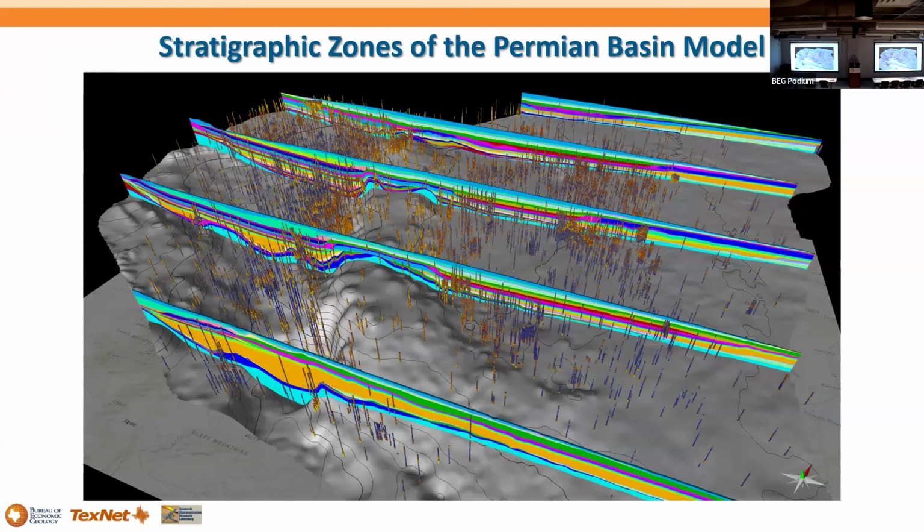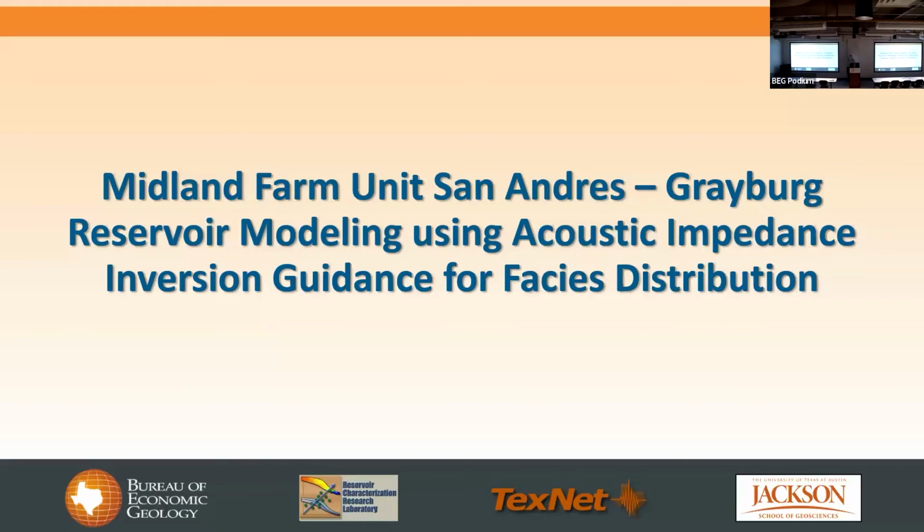And that's the zonation for the Permian super basin model. This model too has about 2.4 billion cells.